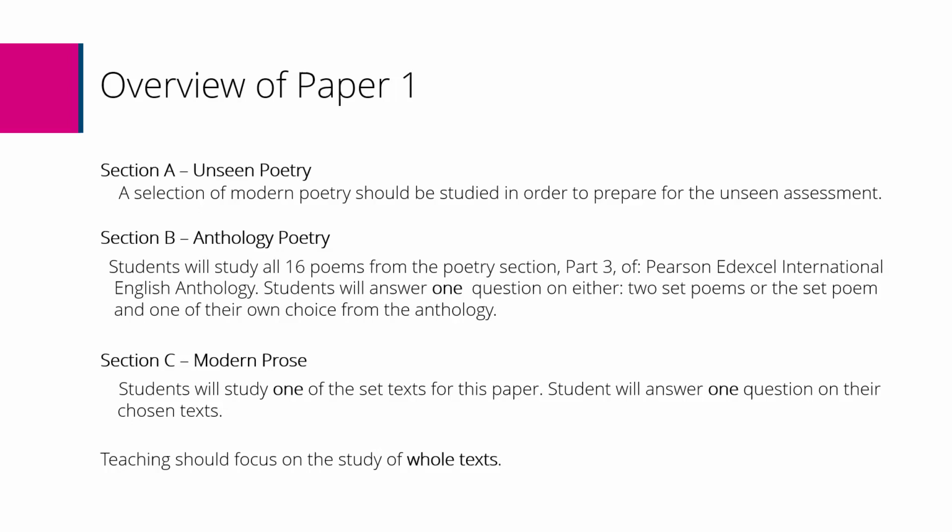So that's the 30-mark question, unseen 20, 30, and then we move on to modern prose, the 40-mark question. They study 1 text from the set text, which we'll look at in a moment, and they answer 1 question on the text they've chosen. So teachers should focus on the study of the whole text.